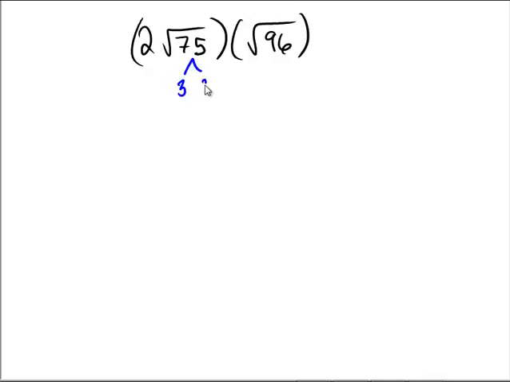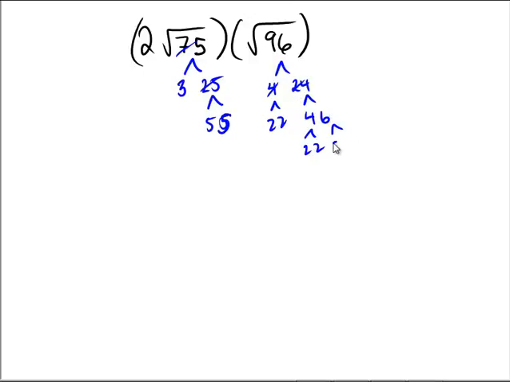75 is 3 times 25, 25 is 5 times 5. 96, on the other hand, is 4 times 24. 4 is a 2, 2. 24 is 4, 6. And 4 is 2, 2.